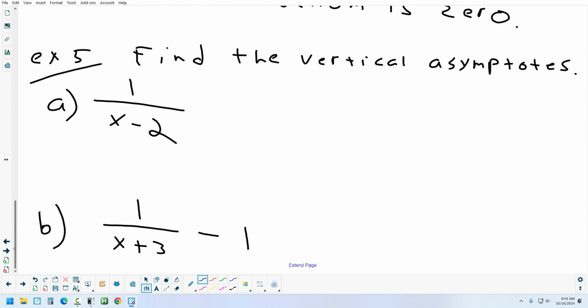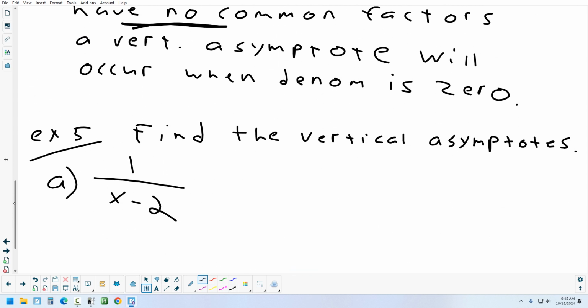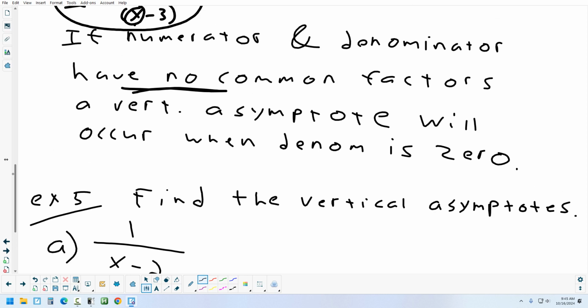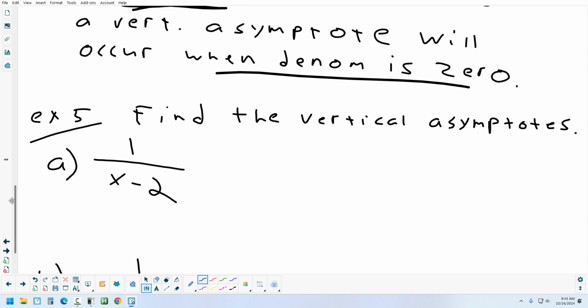Okay, so find the vertical asymptote of this equation. Any common factors between the numerator and denominator? Bella, what do you think? No. So then all we have to do is figure out that, and that's your answer. Can you tell me what the vertical asymptote would be? 2.